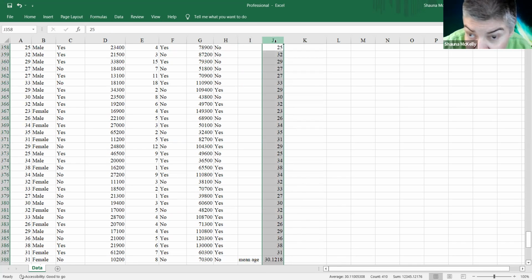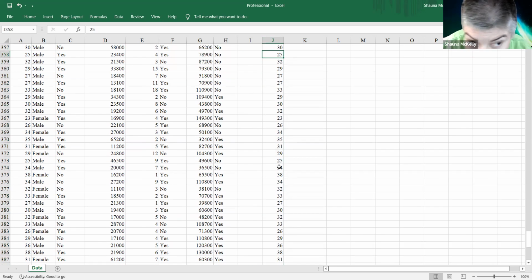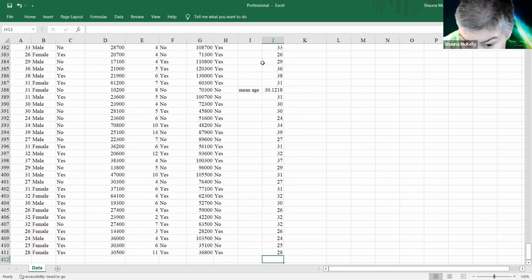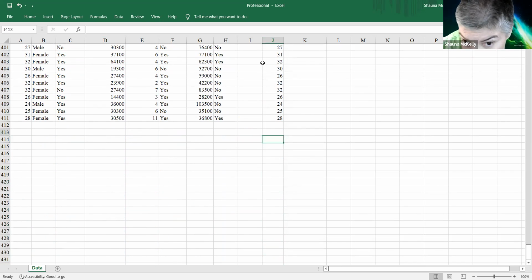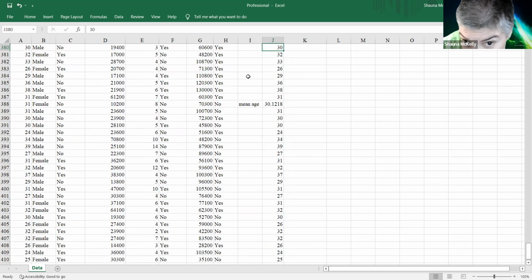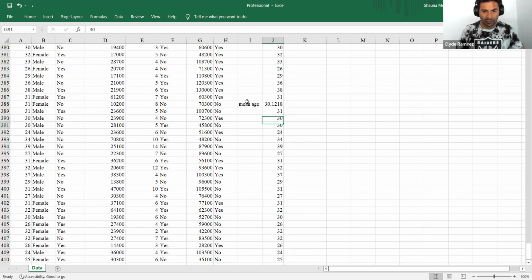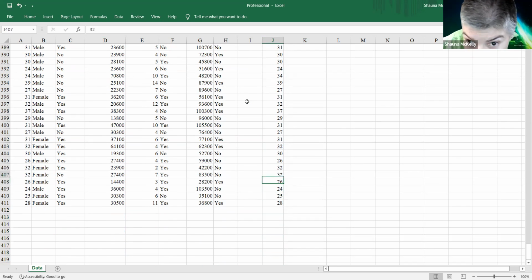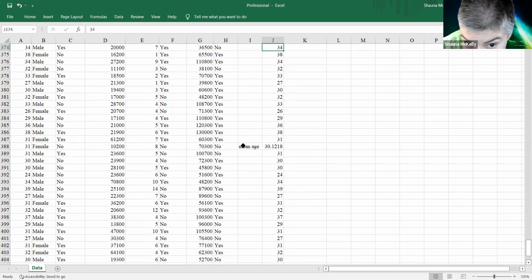So I'm going to select J, and I'm going to go down here if I want. Did I not do the whole group? I don't know what happened there. Maybe I didn't get the whole group. Hold on, let me fix this.